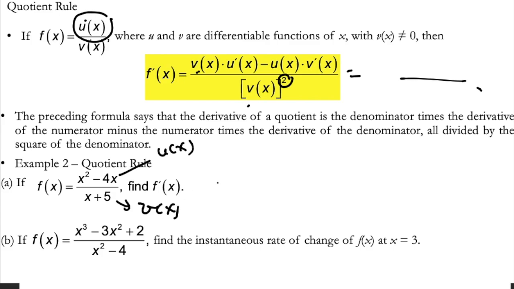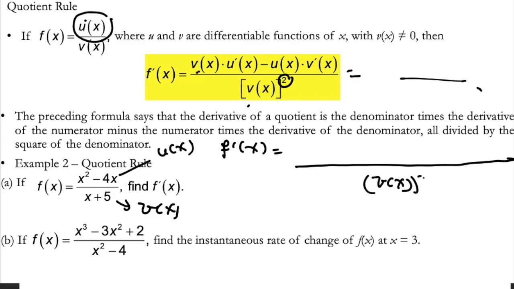So f prime x is equivalent to, we write again the denominator as v(x) squared. Here specifically, we can rewrite it as x plus 5, the whole thing squared. And what about the numerator? This is v(x).